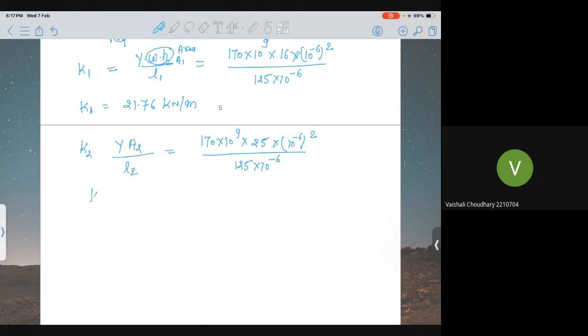So if you solve this, you will get 34 kilonewton per meter.